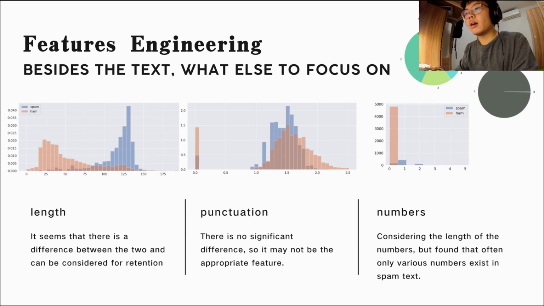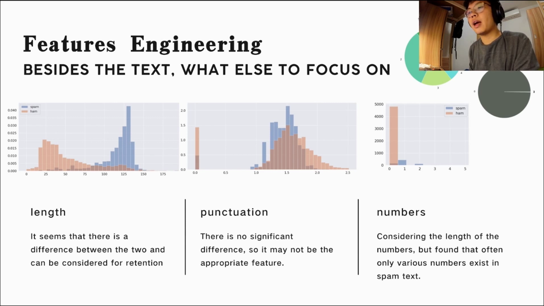The number of numbers is an important indicator. The initial statistics even differentiated the length of the numbers, but in the end, we found that the text of the ham type basically does not contain numbers.